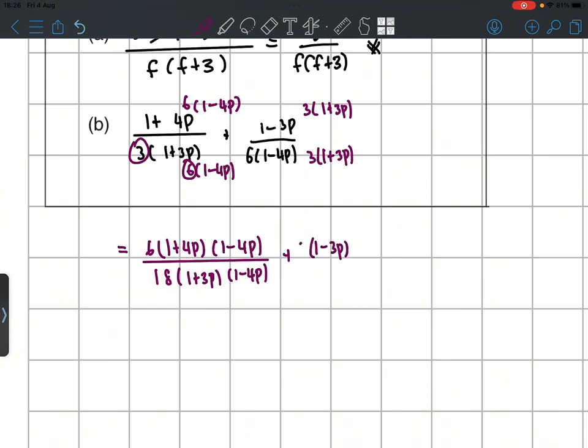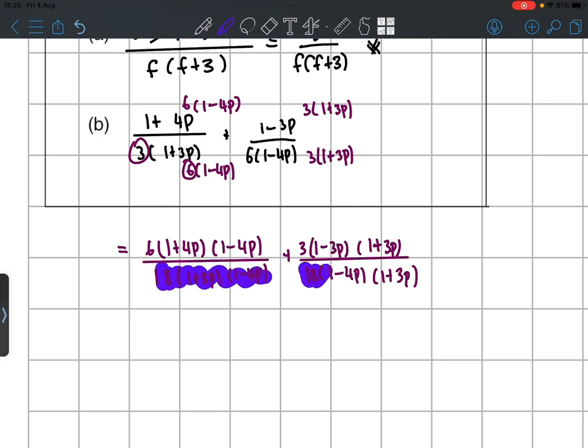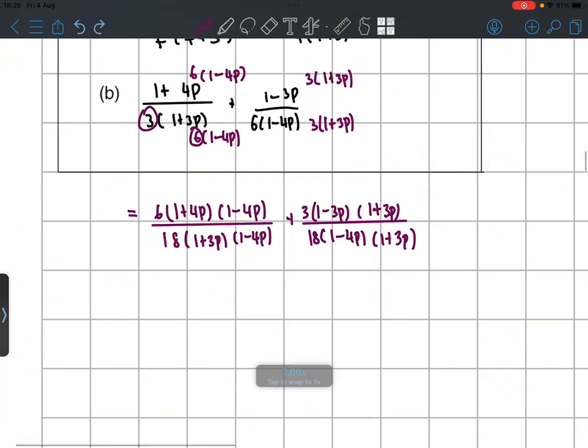So I put the 3 in front, (1 plus 3p), like that, and then the denominator is 18(1 minus 4p)(1 plus 3p). So you can see the denominator is already the same. Okay, which means we can combine the fraction as we intended.